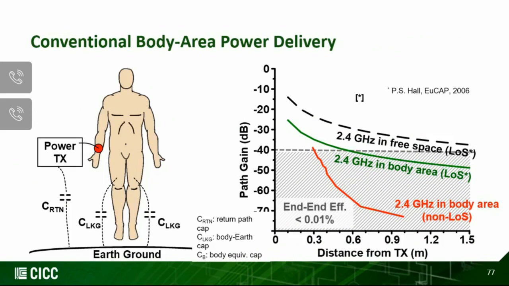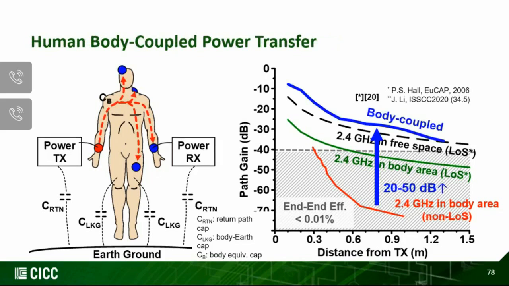Now, we found that using a similar mechanism as in BCC, we can utilize the human body as a power delivery medium. As shown here, a TX can be placed in one location of the body, with the ground node floated, and has a parasitic capacitive coupling through the human body to the earth ground. Using this same mechanism as in body-coupled communication, we can deliver power through the human body, and it can cover the entire body.